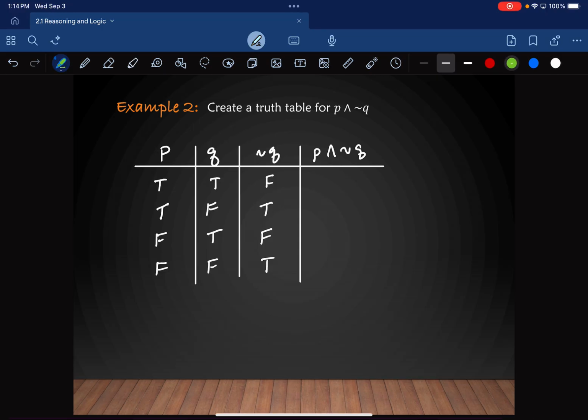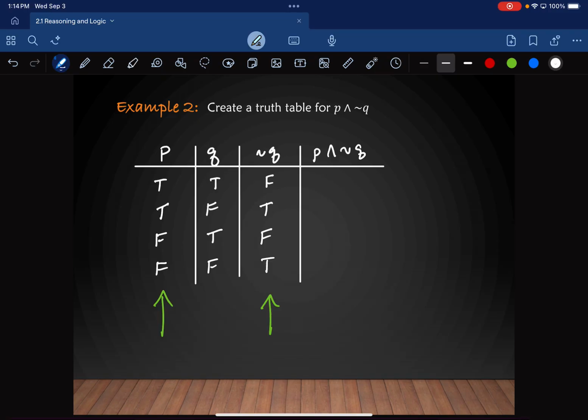All right, and then I'm going to actually take a look at the P column and the tilde Q column. So in some sense, I'm sort of ignoring the Q column in the middle. I only want to look at the first one and the last one because those are the ones that are referenced in my column header that I'm working on now. And I want to make an and statement. And when is an and statement true? What does it take? They've got to both be true.